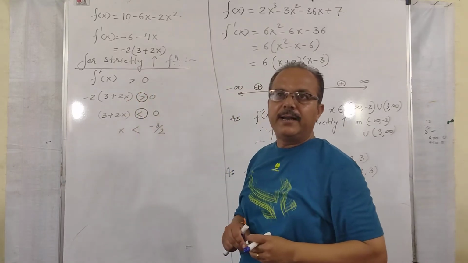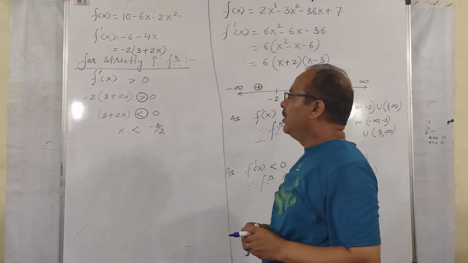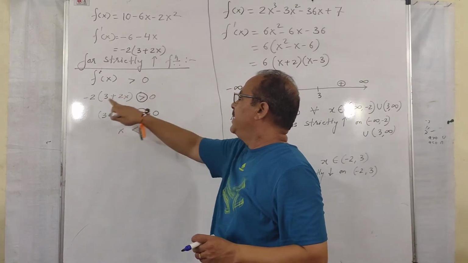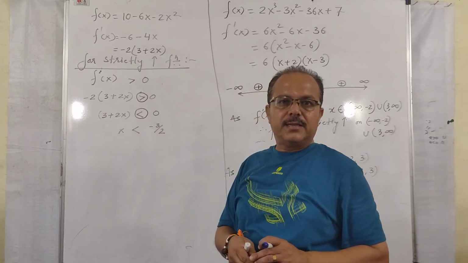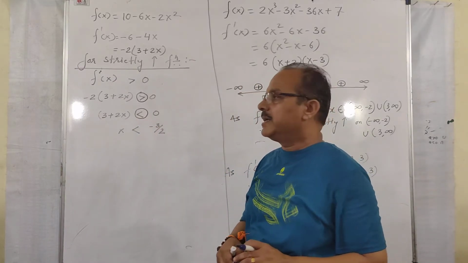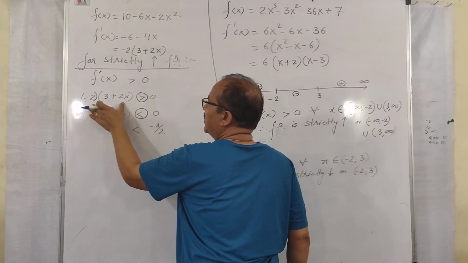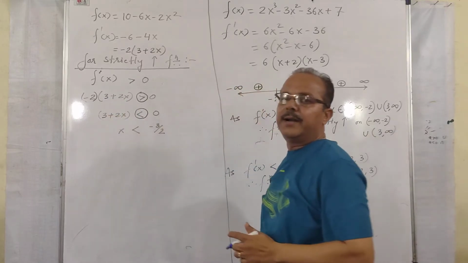At present you must understand that when you remove this sign, the sign of inequality gets changed. This is one concept you can understand. The second concept is that this is minus 2, and to make this quantity positive, that is greater than 0, you have to make this also negative.